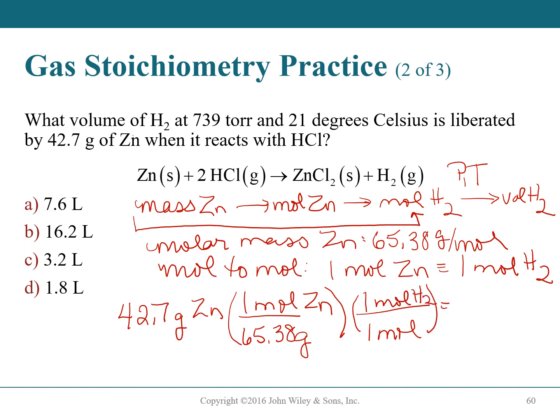When we do this, we get 42.7 divided by 65.38, get 0.6531 moles of hydrogen.